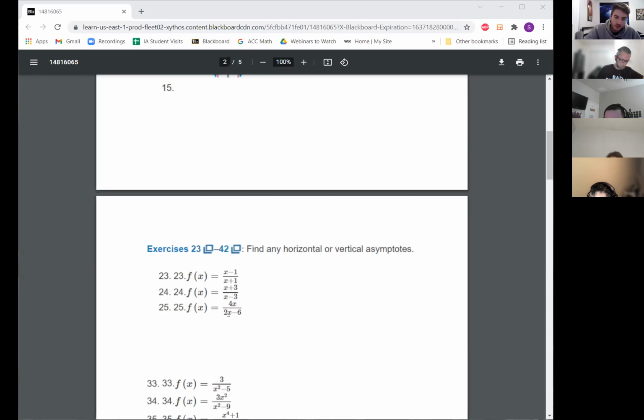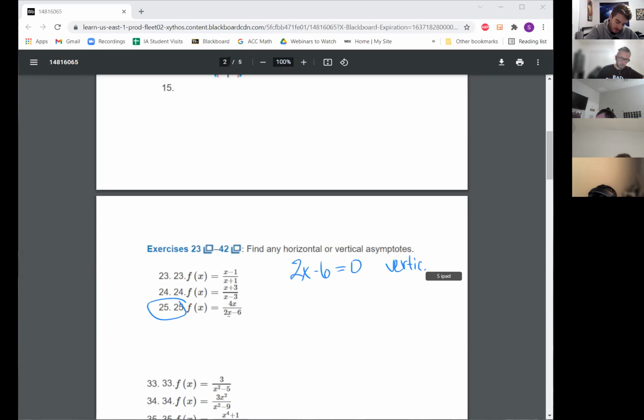So for the vertical asymptotes, I got x equals 3. So I took the 2x minus 6 on the denominator, set that equal to 0.